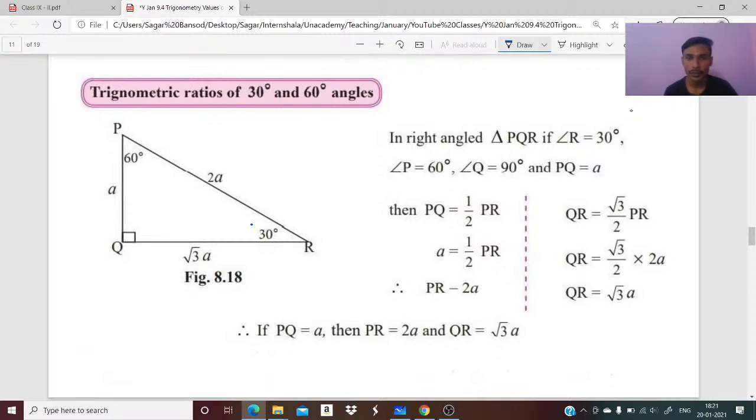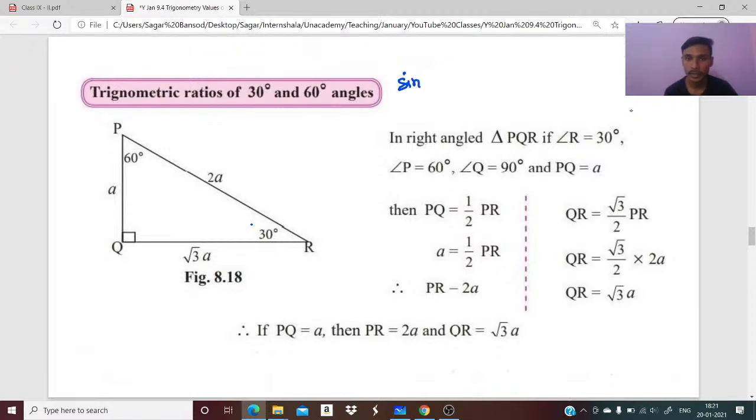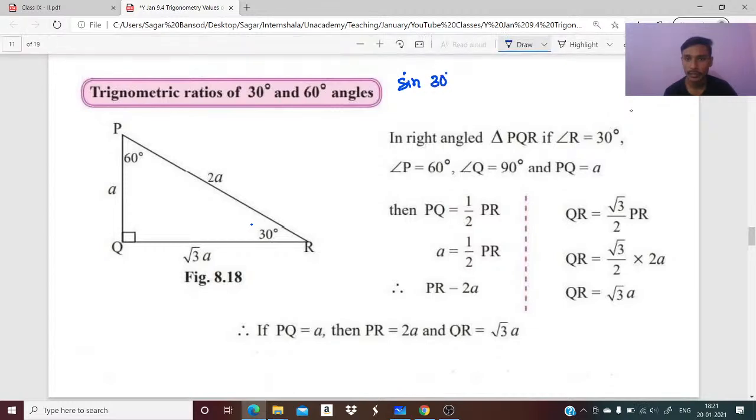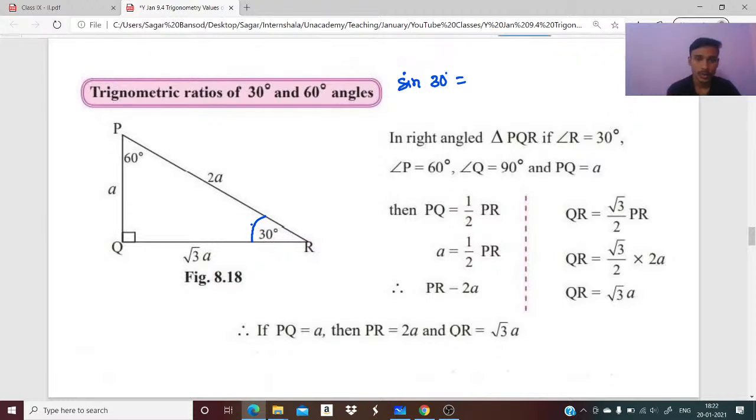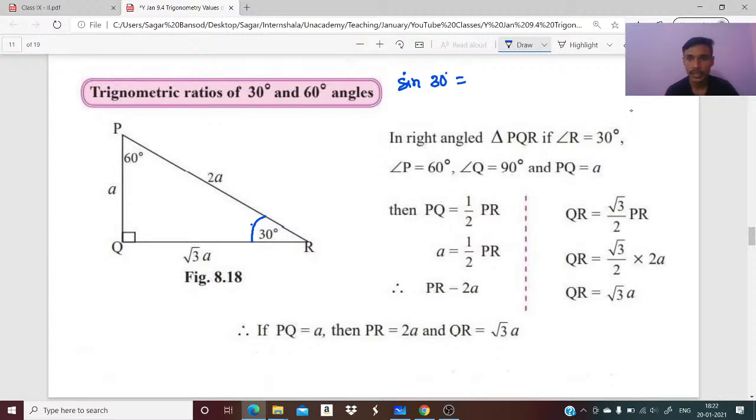Now if I ask you to find the sine of the 30-degree angle, this is your 30-degree angle, and you know that sine is given by opposite side upon hypotenuse. What is your opposite side? It's PQ. So sine 30 will be equal to PQ upon PR.